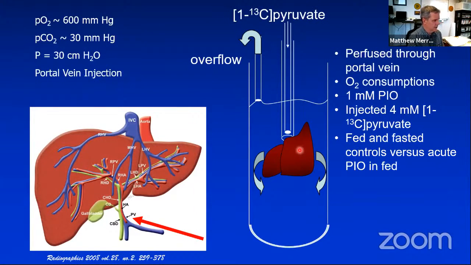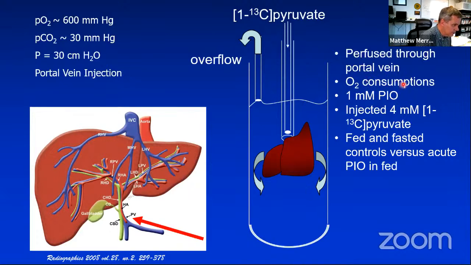We take a mouse liver, perfuse it through the portal vein, and actually put it inside the magnet. So this is an NMR tube that's around your liver. We perfuse it with a Krebs-Henseleit buffer, and then we inject the hyperpolarized pyruvate by catheter into the space immediately above the liver and let the flow just pull the pyruvate through and watch it be metabolized.